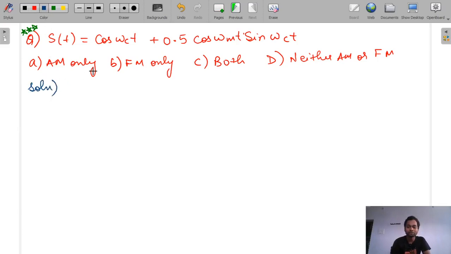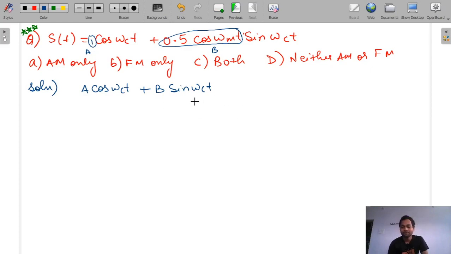For solving this question, first we should know that this signal is in the form of A cos omega_c t plus B sin omega_c t. This is our B and A is here 1.